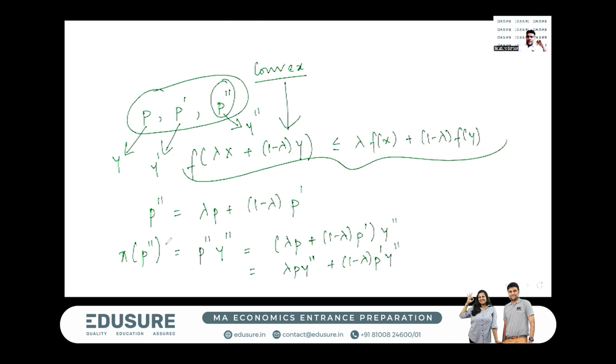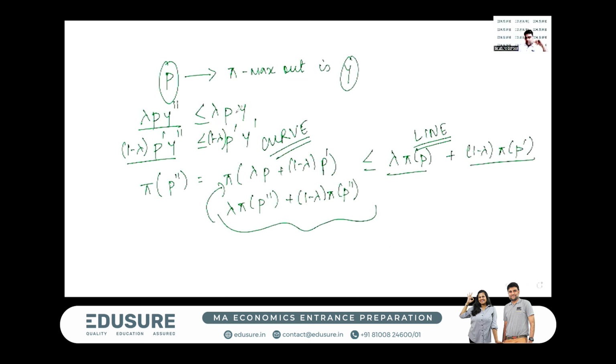And I wrote my P double dash in this way, that the profit maximizing output for P double dash is Y double dash, profit maximizing output for P dash is Y dash, for P it's Y. So obviously the profit maximizing combination of P dash into Y dash will be greater than or equal to P double dash Y dash. Similarly, P Y combination will give me a higher profit than P double dash Y. That is what I did here.